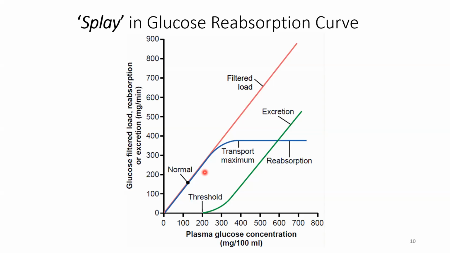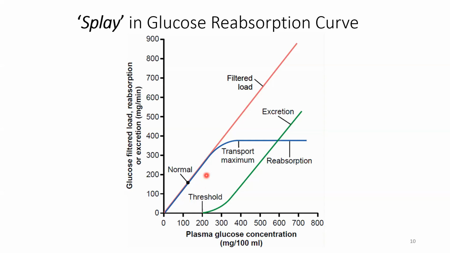The second aspect is that not all nephrons are the same. Some are smaller, some are larger. So check this out. Now that you have reached the threshold, the plasma threshold and the renal threshold, of course, at the same time for glucose, now the splay will start to occur, which means that those small nephrons, mark these words now, those small nephrons with the smaller PCTs and the lesser number of transport proteins for glucose, they get overwhelmed first.